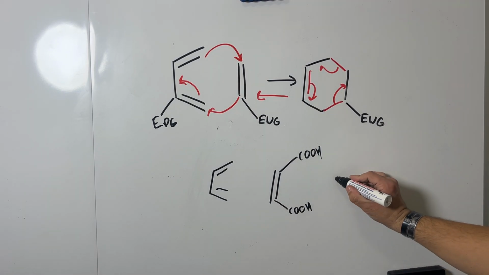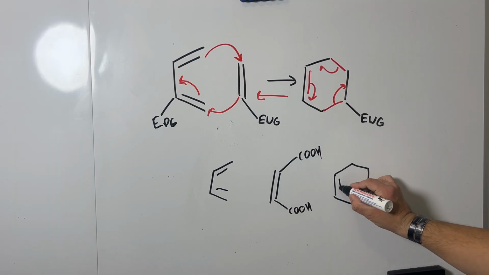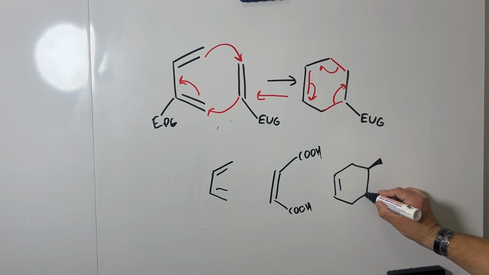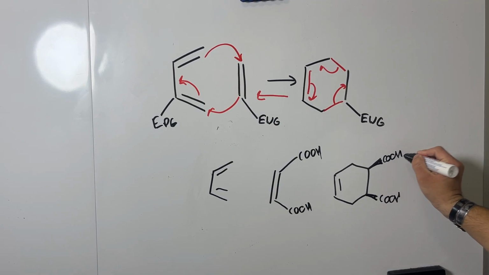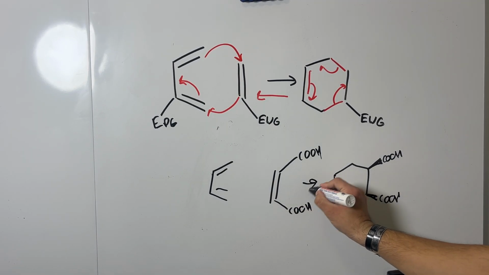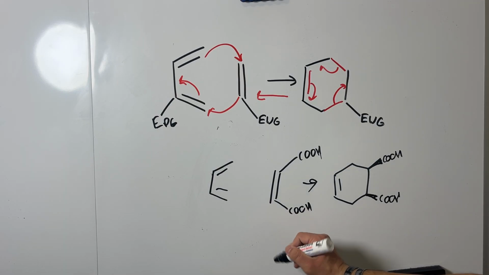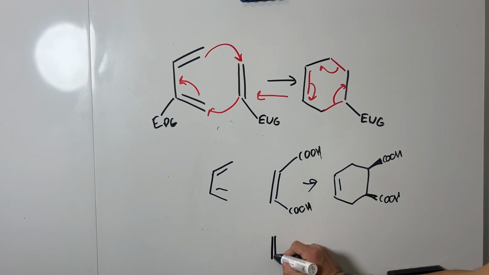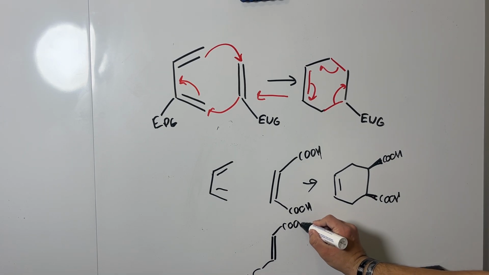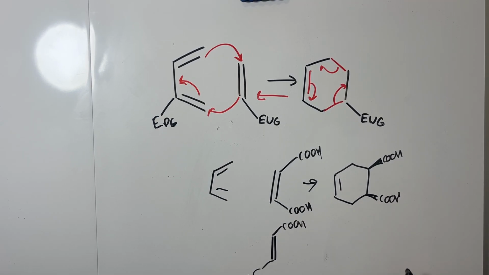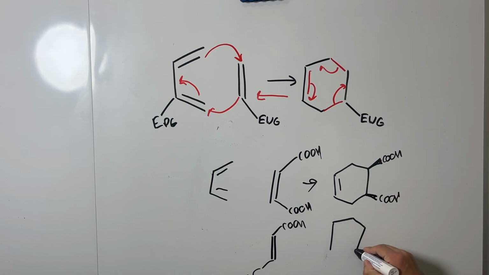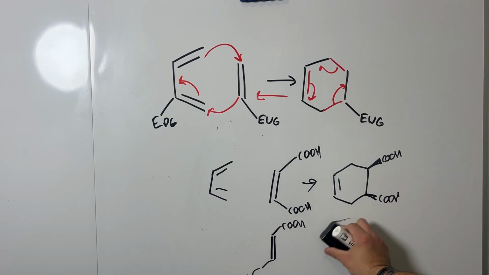Now, this will make a cis cyclohexene, where these carboxylic acids are on the same face. Okay. Now, say we swap that, and we have a trans dienophile. What does that give us? Well, that gives us a trans cyclohexene. Oh, I can't draw a cyclohexene. That's a terrible cyclohexene.